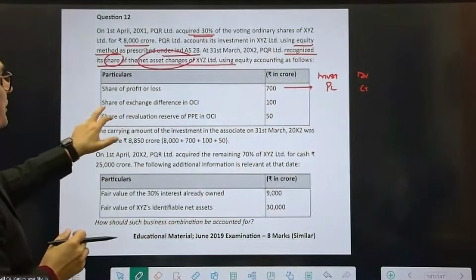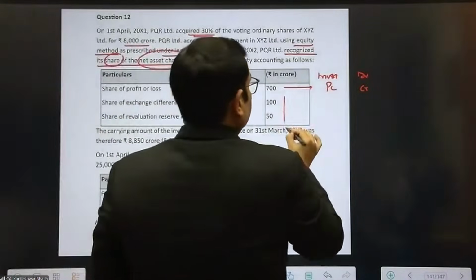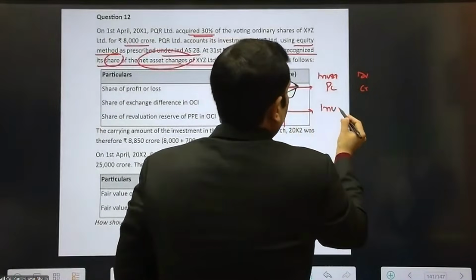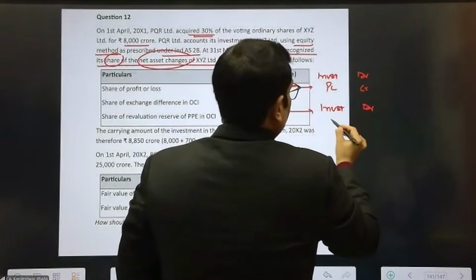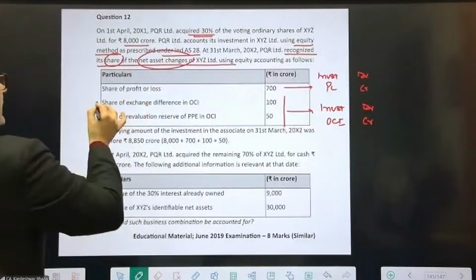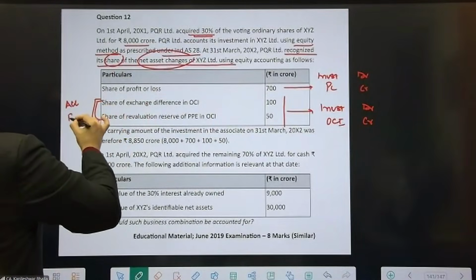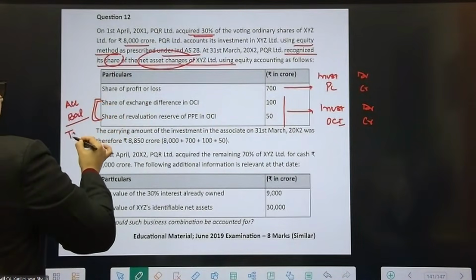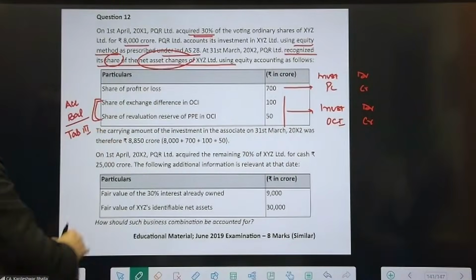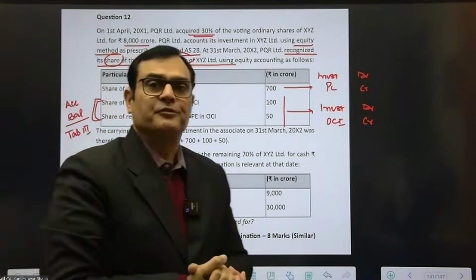And if you look at the share of the exchange difference and the share of the revaluation, in these cases, you would have done the entry, investment debit, and other comprehensive income gets a credit. So on account of these two items, there will be an accumulated balance in tab number 3, because of these two entries.